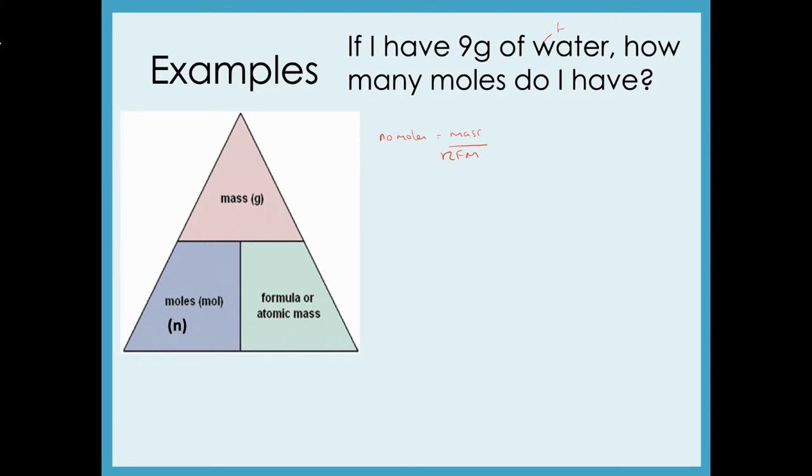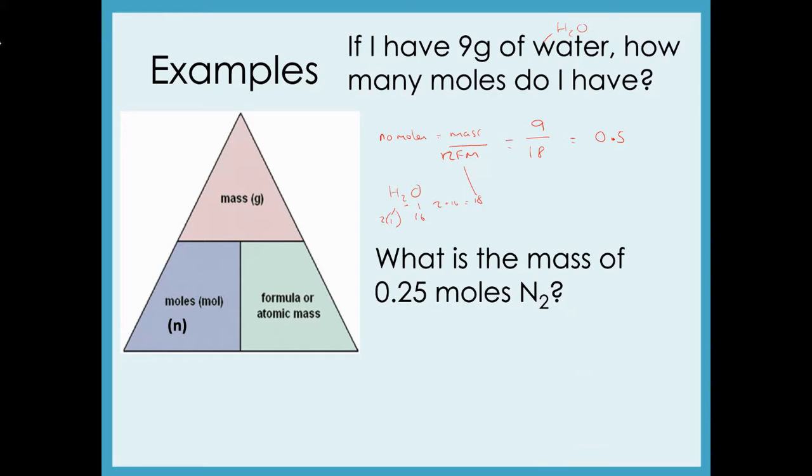So water's H2O. If we're looking at the periodic table, the biggest number for oxygen is 16. Biggest number for hydrogen is 1, but there's 2 of them because we've got that little 2. So 2 plus 16 equals 18. So the relative formula mass is 18. So the mass is 9 divided by 18, which is going to be 0.5. So there are 0.5 moles in 9 grams of water.